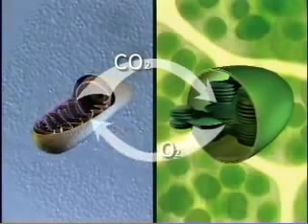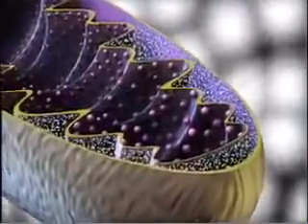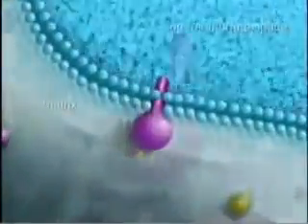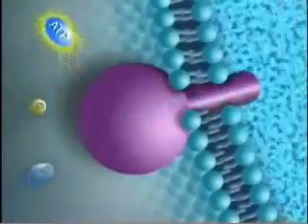And the oxygen released by chloroplasts during the light reactions is exactly what mitochondria need to drive the electrons that pump in the hydrogen ions, making it possible for ATP synthase to add that terminal phosphate to ADP, creating ATP, the universal energy carrier. And that's how cells get energy.